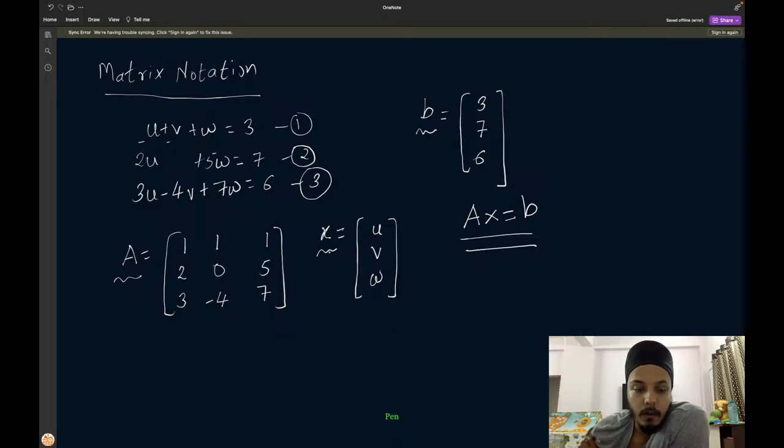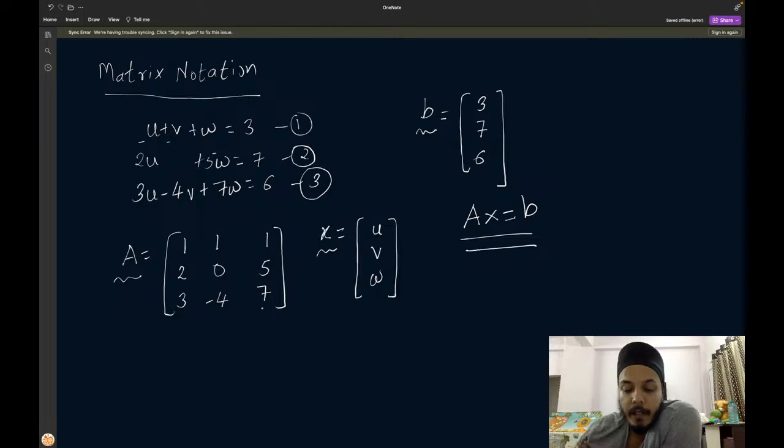Now let us go to this x vector. This column matrix that we have written here can also be treated as a vector. In fact, all the matrices behave like vectors. Now why do we say so?